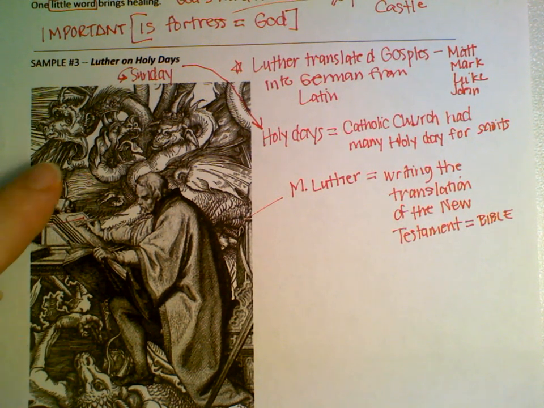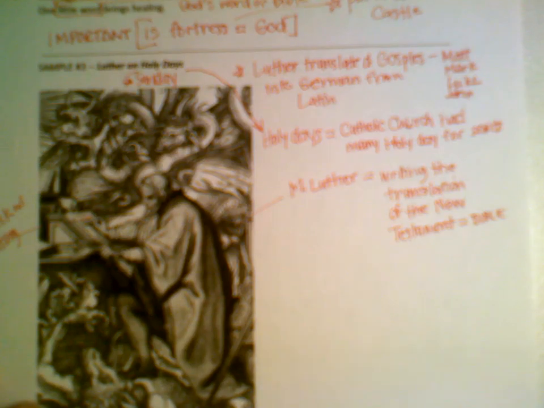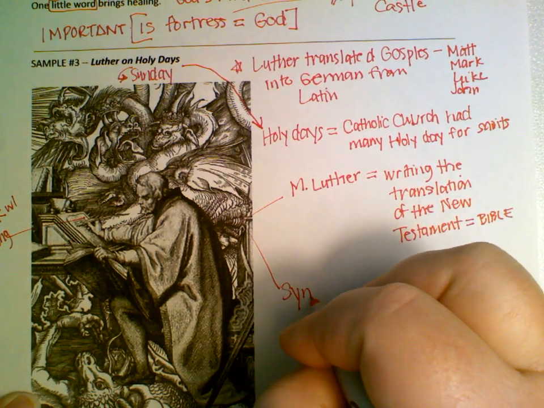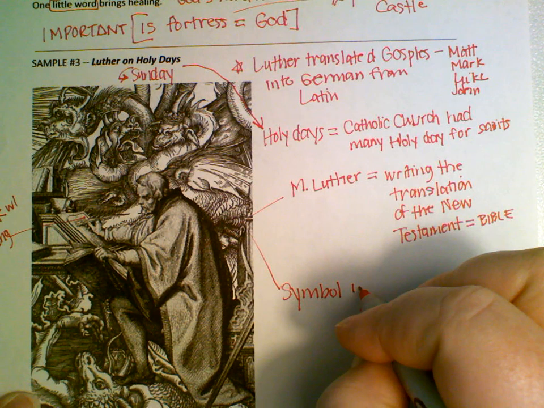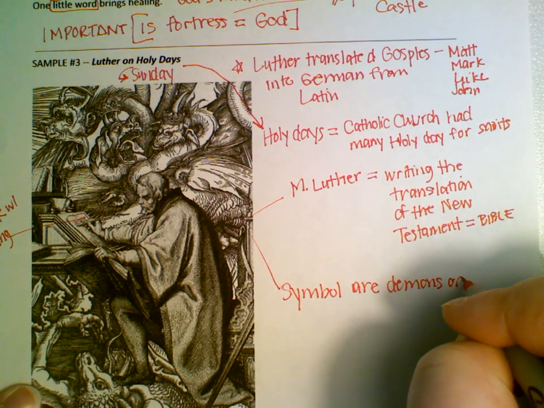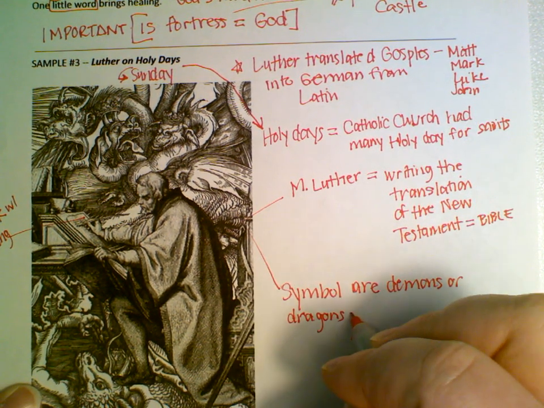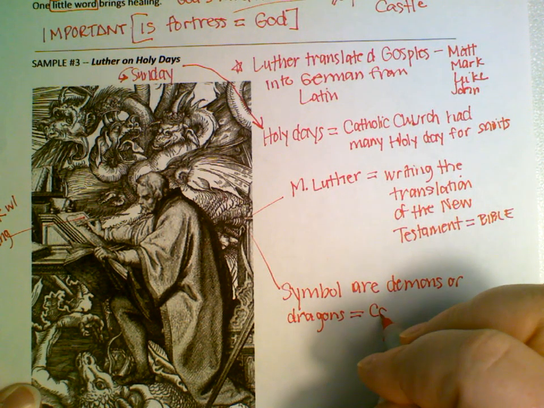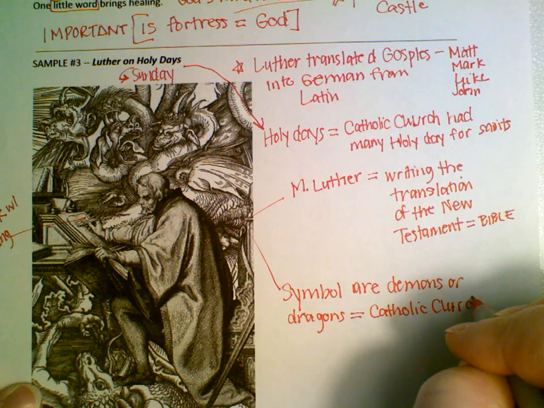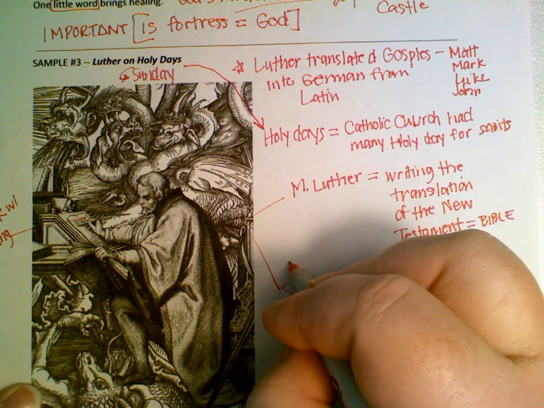And what's attacking him? What do you notice here? All of these dragons or demons. Okay? So in this case, the symbol are demons or dragons. And they represent the Catholic Church trying to get Martin Luther away from what he was supposed to be doing.